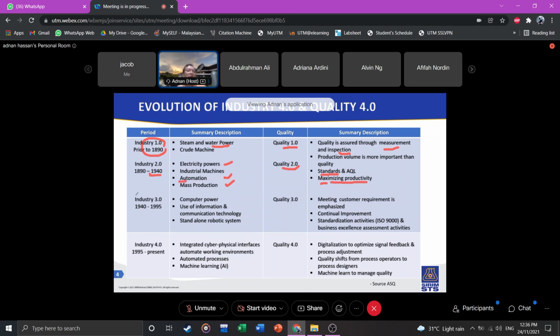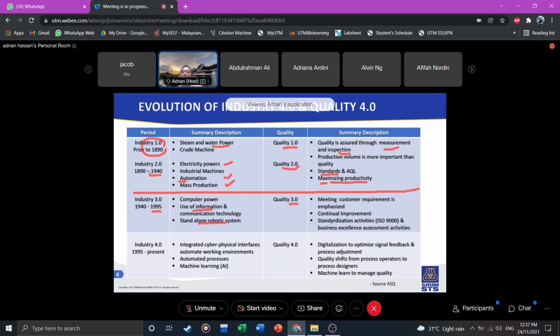From the 1940s until 1995, computers started to appear. Computers were used for information processing and to control the machineries and robotics. This is industry 3.0, and in quality we call it quality 3.0.